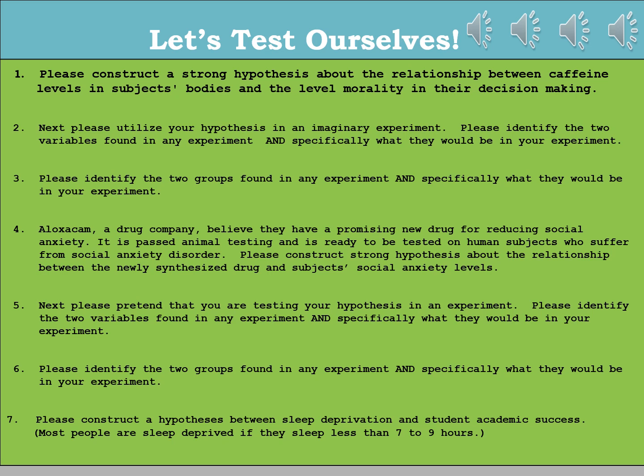If you chose that particular hypothesis, for number 2, you'd have to put independent and dependent variable. The independent variable would be the level of caffeine subjects are given. The dependent variable would be the degree of morality in their decision making. The groups would be experimental and control group. The experimental group would be the subjects given caffeine. The control group would be the subjects not given caffeine.